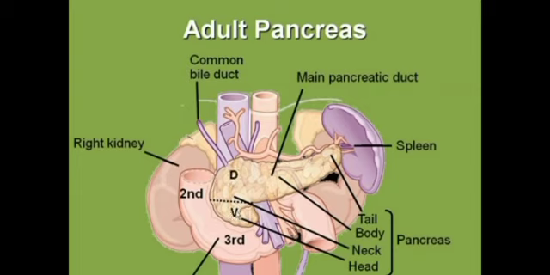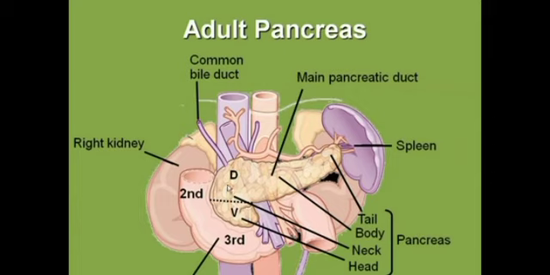And so this is ventral pancreas, that's what rotated around from the other side, and this was the dorsal pancreas, which was sitting in the dorsal mesentery all along. So we can say that in the adult, the lower part of the head and this little hook-like thing called the uncinate process is derived from the ventral pancreas, and the upper part of the head, the neck, the body, and the tail of the pancreas are all derived from the dorsal pancreas.